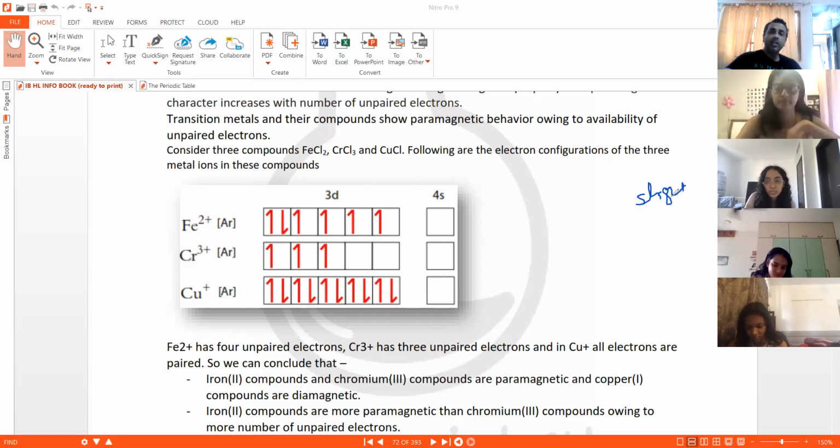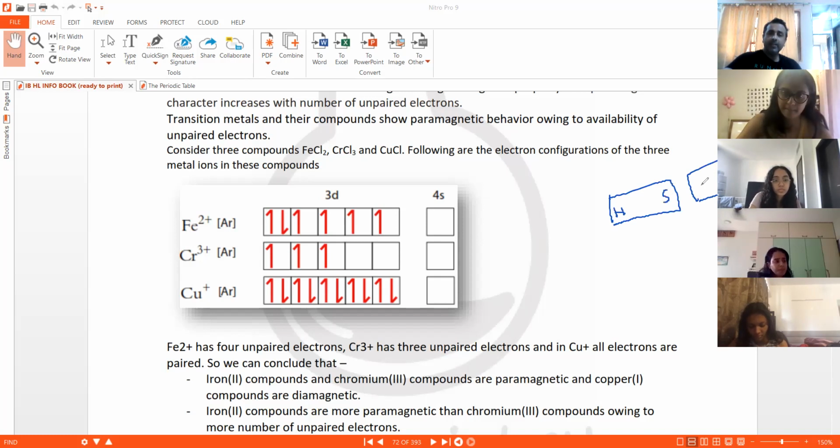It is not like the like charges repel each other. Suppose I have 2 magnets, N and S facing each other. They will attract each other because opposite poles are facing each other. But if I keep it the other way around, N and N, then they will be repelled from each other.